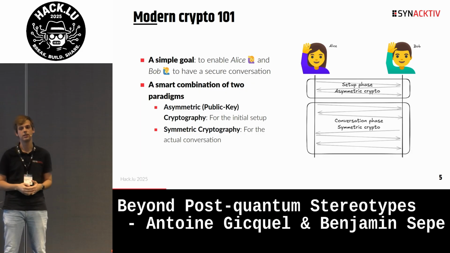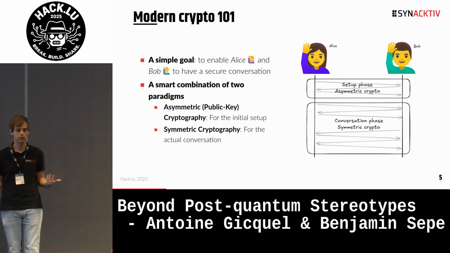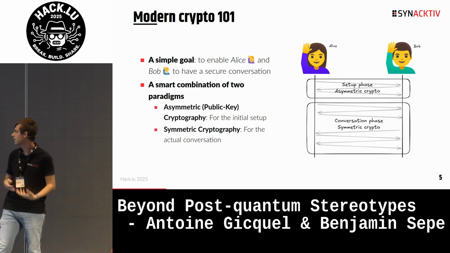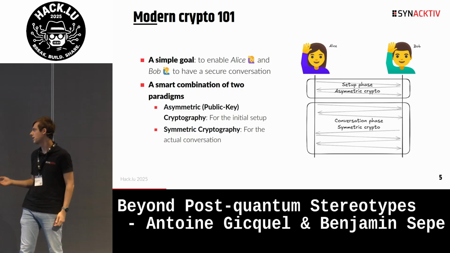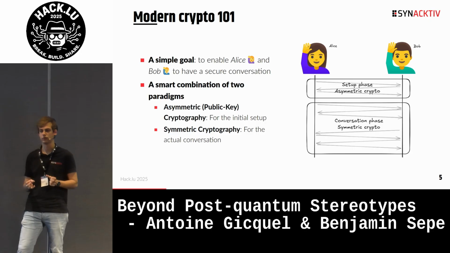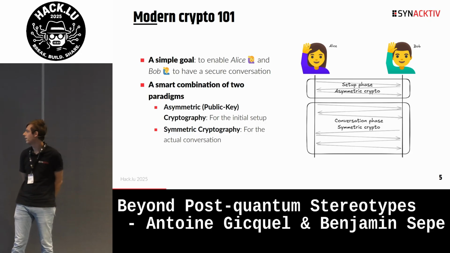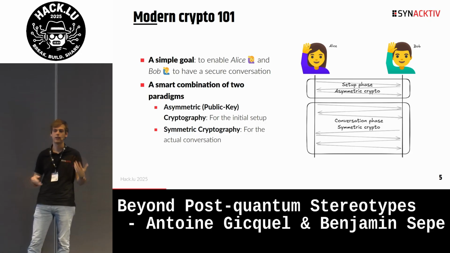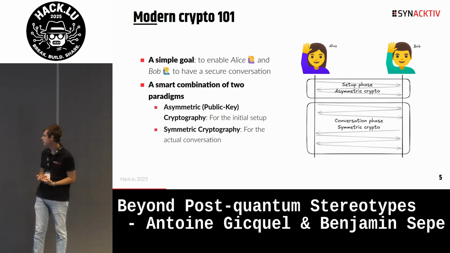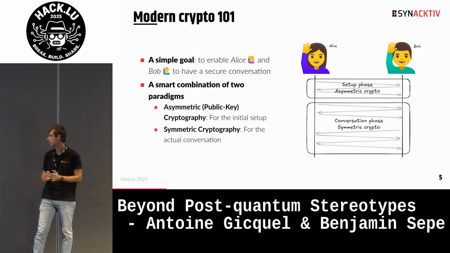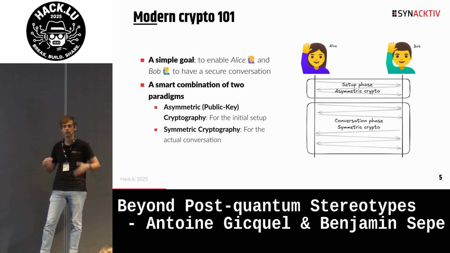For that, there is one general protocol that applies. They first have to rely on asymmetric, so public key cryptography, to set up their communication channel, and then they move to symmetric cryptography for actually exchanging encrypted and protected messages.